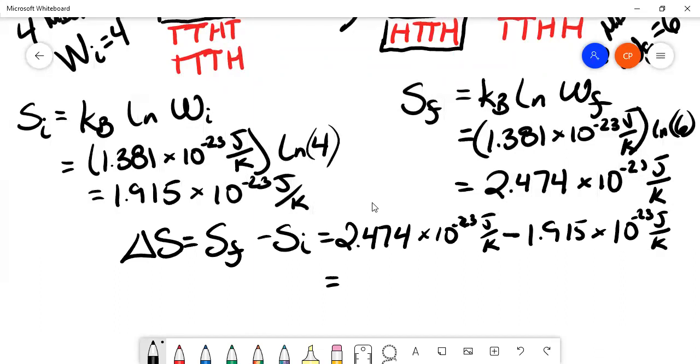And that gets me 5.59 times 10 to the minus 24th joules per Kelvin, excuse me, 24th. 2.474 minus 1.915 is 0.559. I need to transition this from minus 23rd to minus 24th.